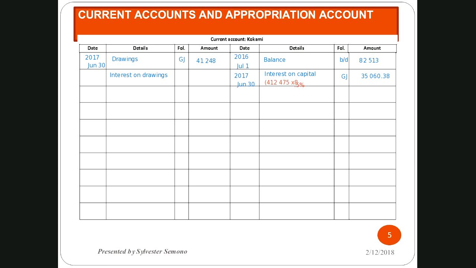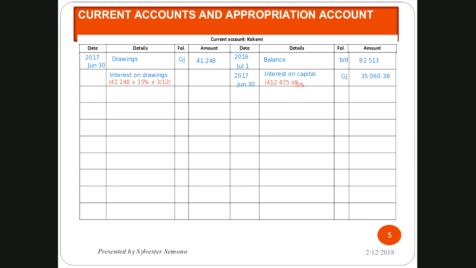41,248 times 15% times 3 divided by 12. On my calculator, 41,248 times 15% times 3 divided by 12, I get, firstly I must show the journal here.